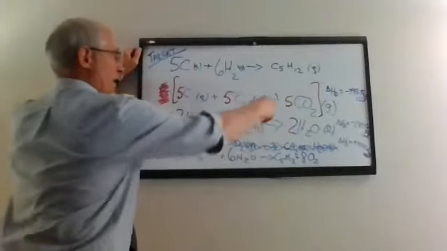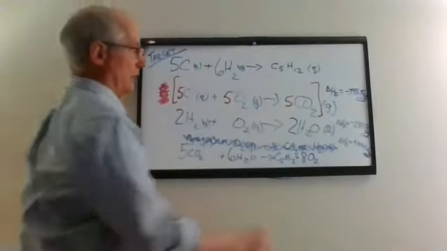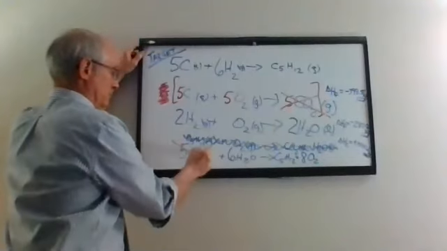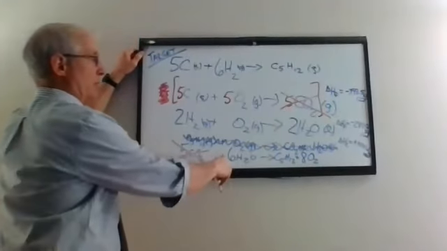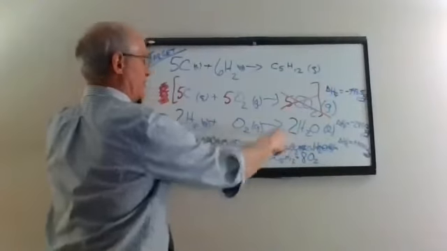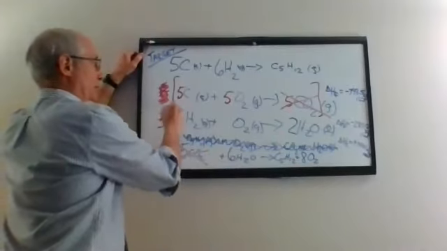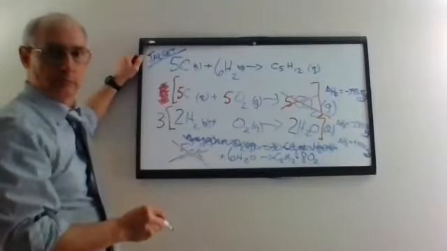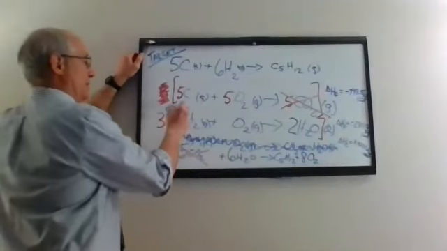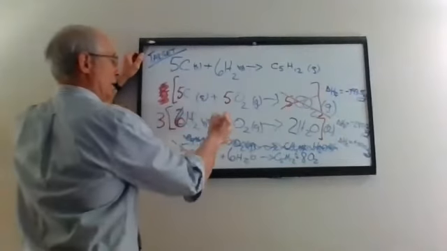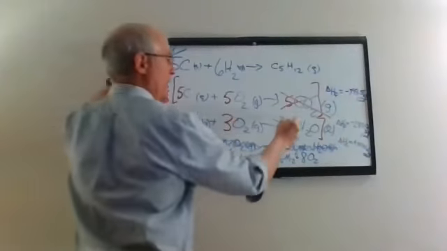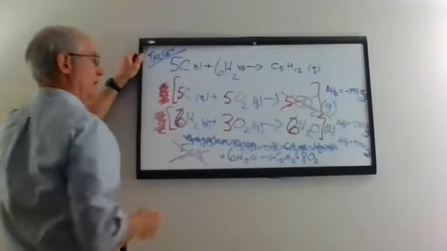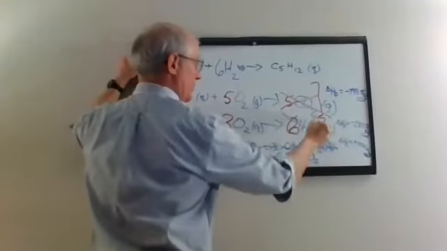Now I've got 5 carbon dioxides that I can cancel out by subtracting them from both sides. Now I got 6 waters over here and only 2 over there. So I'm going to have to multiply this whole thing by 3. And when I do that, that 2 becomes a 6. A 3 goes right there, and a 6 goes right there. Just go ahead, and I can take 6 waters out of the picture.